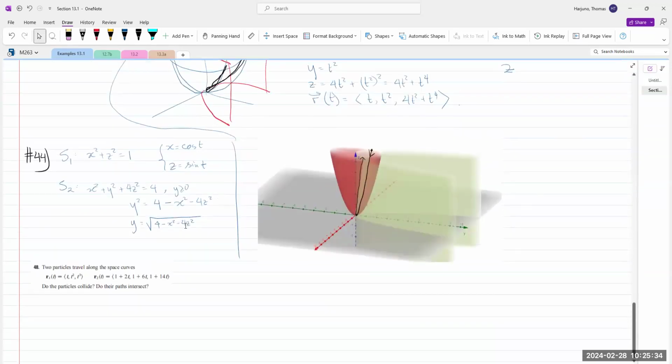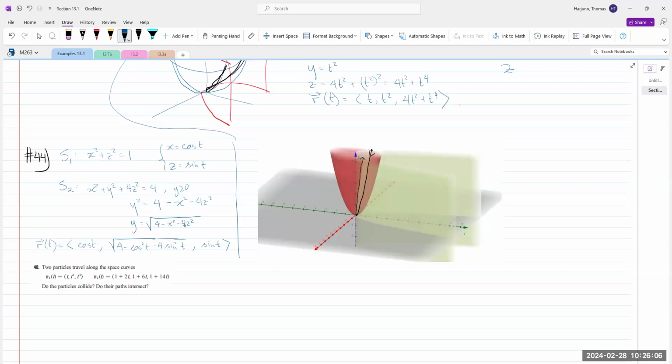Okay, now therefore we will say R(t) is equal to cosine t, square root of 4 minus cosine squared t... which is 4 sine squared t, and then sine t.